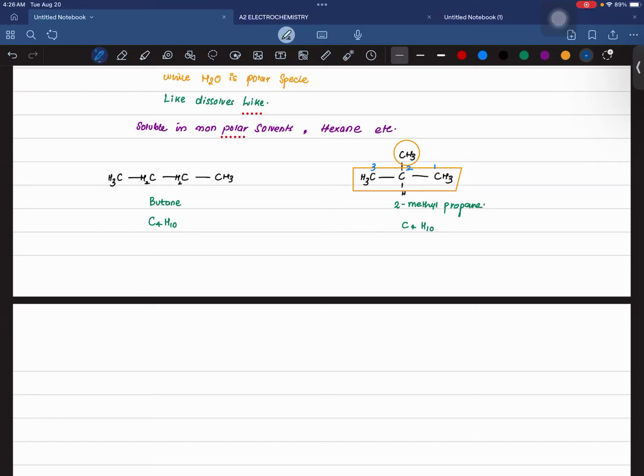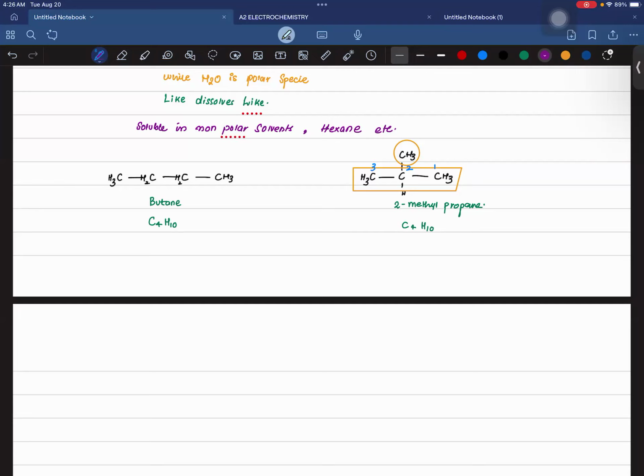Since both of them have the same molecular formula but different structures, they are different structurally. So they are isomers of each other, right? When they are isomers, with the same molecular formula, their melting and boiling points would be completely different.